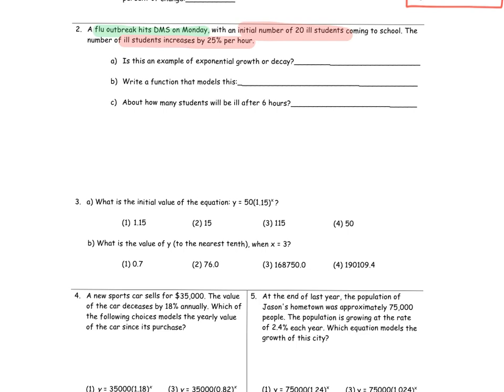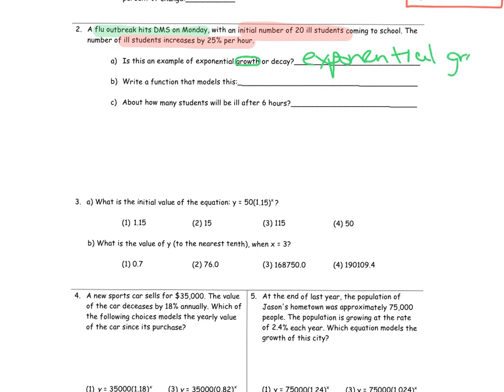So I want you to think, would this be an example of a growth or a decay? This would be an example of a growth. This is an example of an exponential growth.